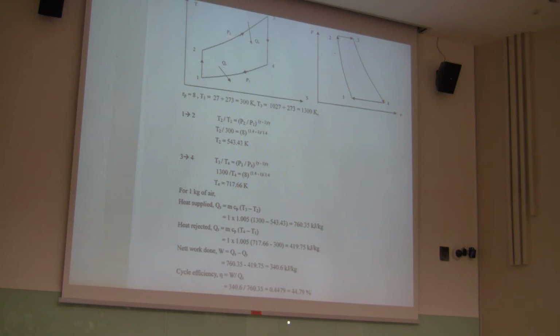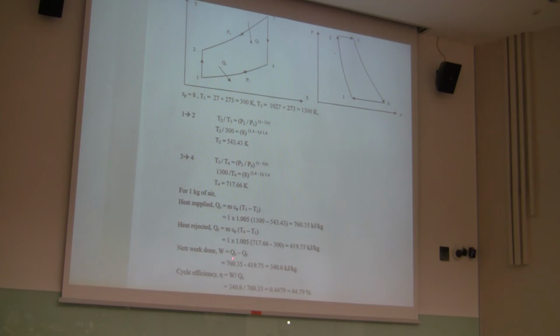Okay? So to summarize the steps, the first thing you do is find the temperatures, because your efficiency is given by net work done over heat transfer. And the net work done itself is given by Q1 minus Q2, sorry.